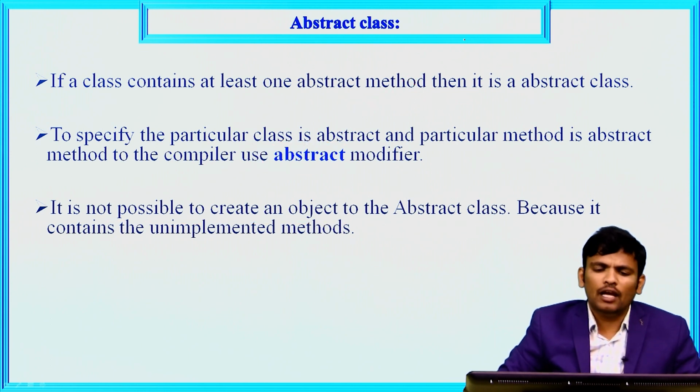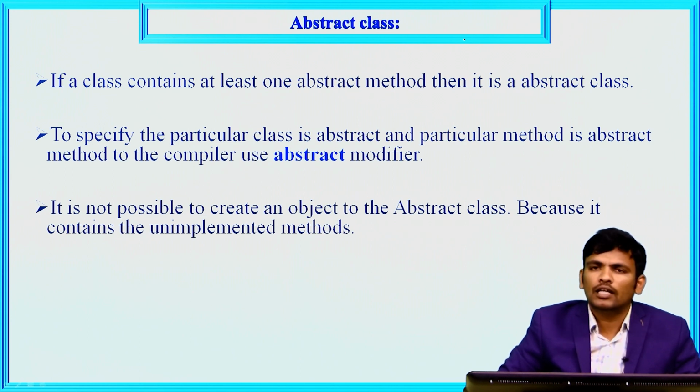An abstract class never gets a chance to create an object, but the class which inherits from the abstract class, if it overrides all the unimplemented methods, will get a chance to create an object.